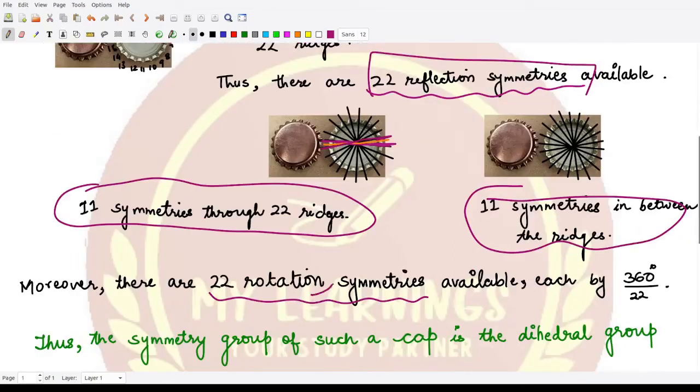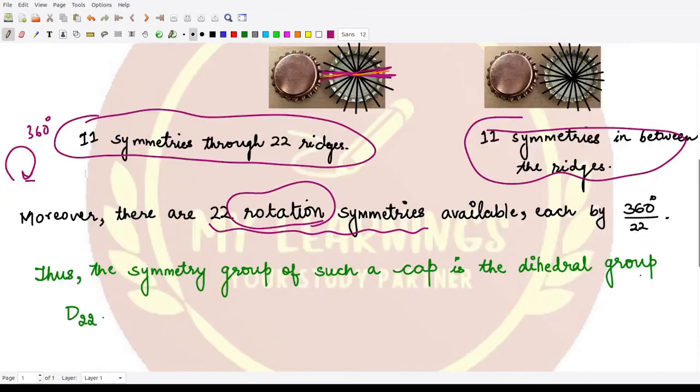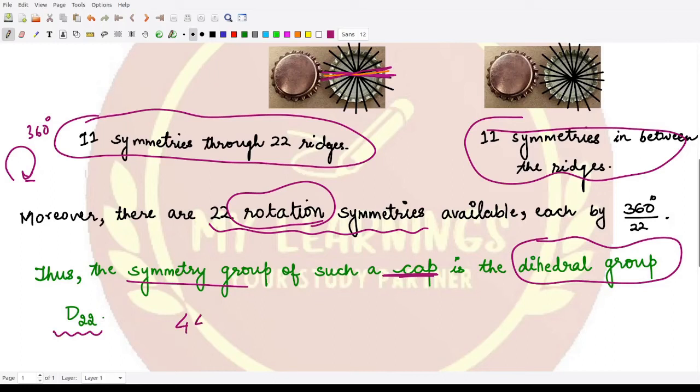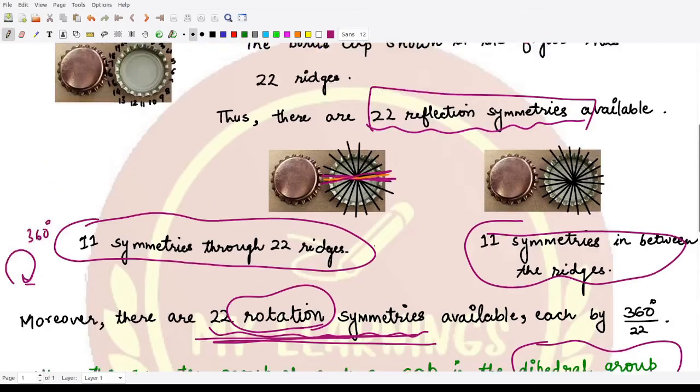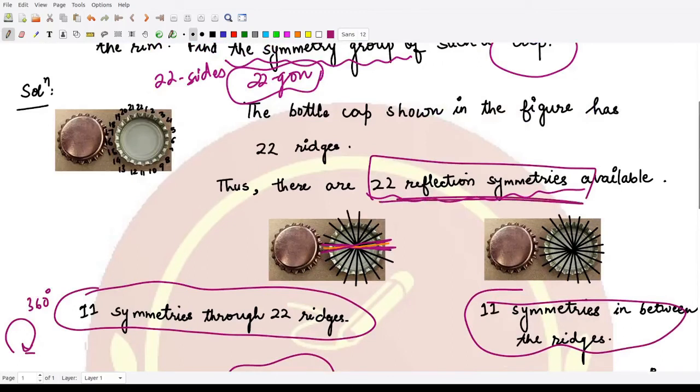Now what would be the angle of this rotation? It would be available when you divide the complete angle, which is 360 degrees, by 22. So the symmetry group of such a cap is a dihedral group, D22, where we would have the order of this group as 44, containing 22 rotation symmetries and 22 reflection symmetries.